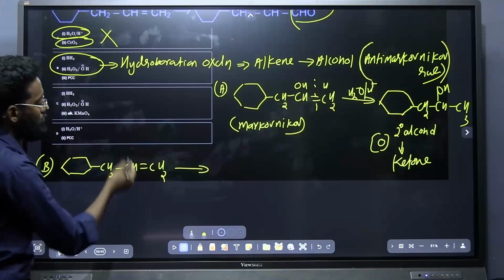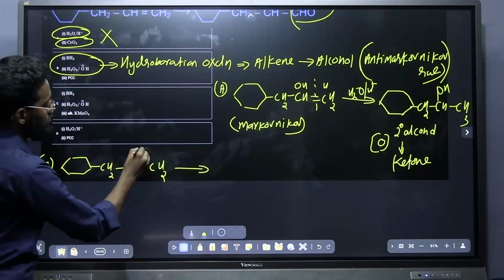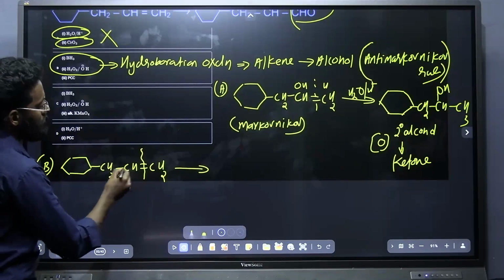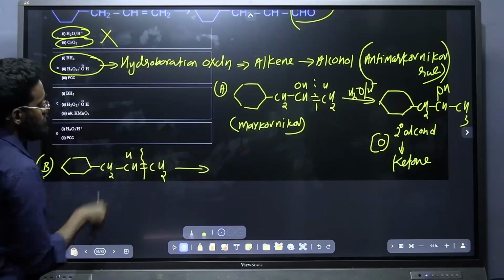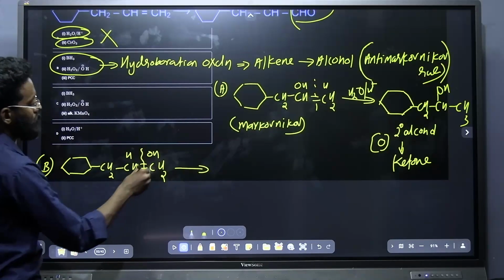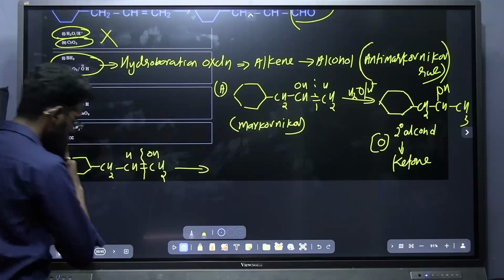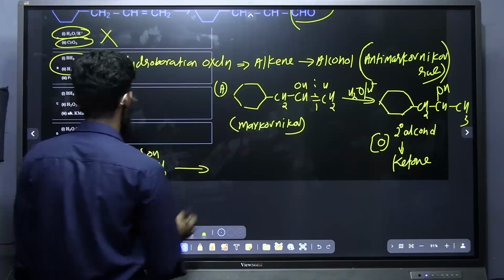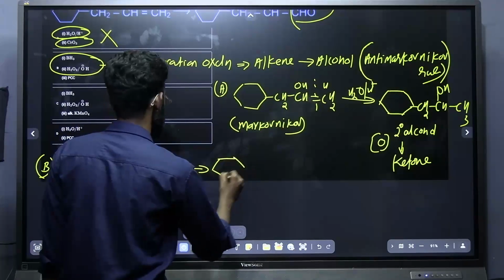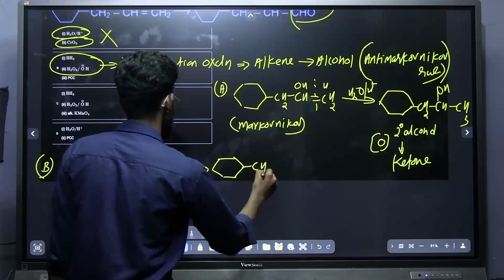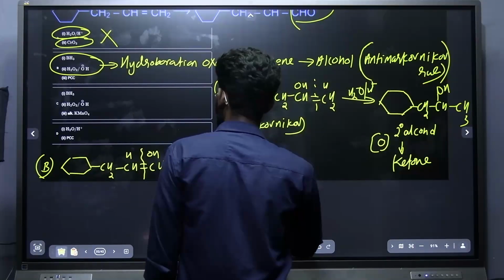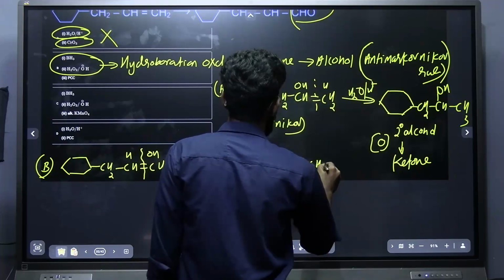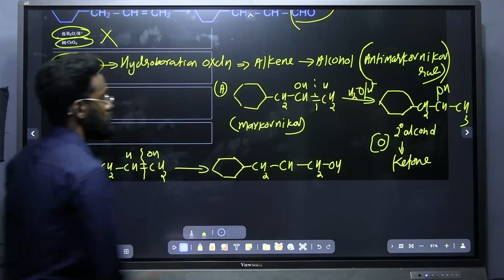Yeah, alcohol will be adding, and here breakage will be taking place. Hydrogen will be adding to that carbon where there is lesser number of hydrogen. OH will be adding to that carbon where there is more number of hydrogen. So here we will be getting a product CH2, CH, CH2, OH. What is it? Primary alcohol.